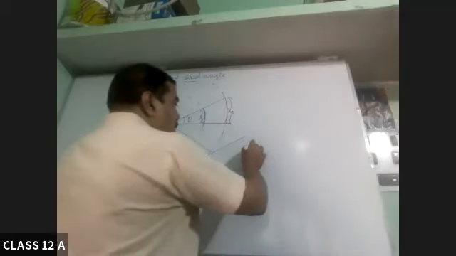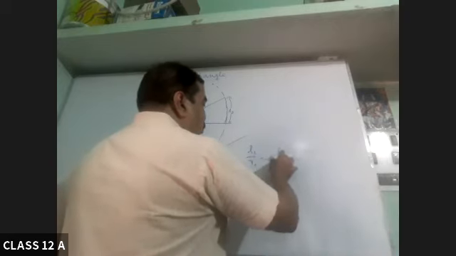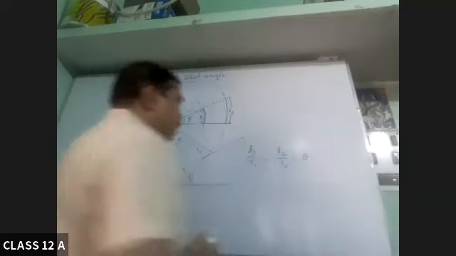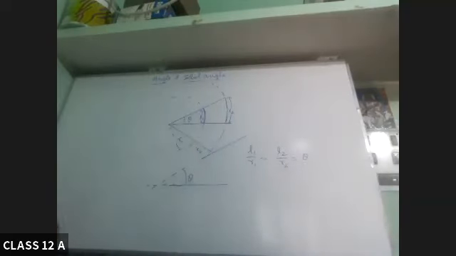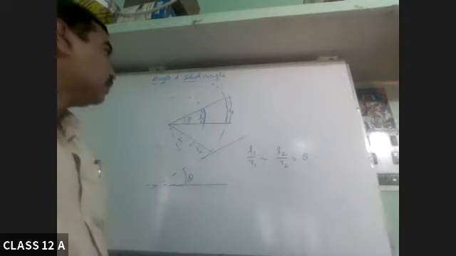So L1 over R1 and L2 over R2 are the same, and this is the angle. So theta is L by R. You might have done this in trigonometry.